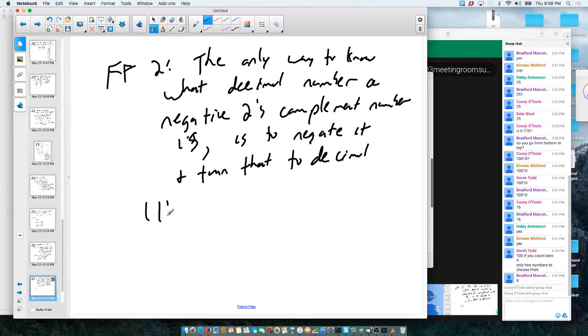In other words, if I ask you what this is as a signed 2's complement number, the answer is I don't know, because I've got to do the negation.